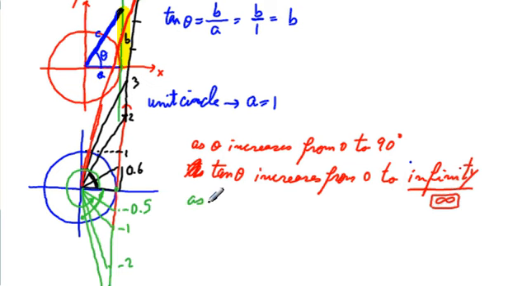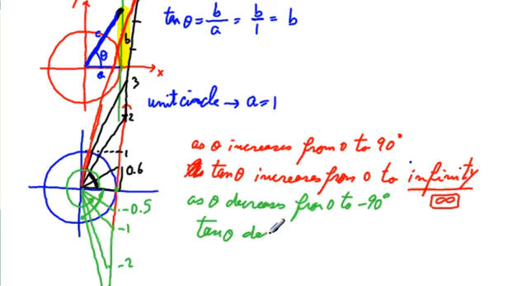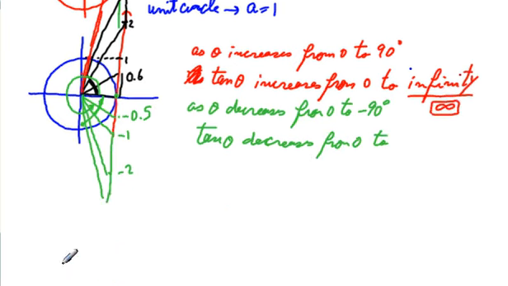So say as theta decreases from 0 to minus 90 degrees, tangent of theta decreases from 0 to, what should I write for the number that shows up at the very bottom of this line? Minus 1, minus 2, minus 3, minus 4, and so on. All the way at the bottom is minus infinity.